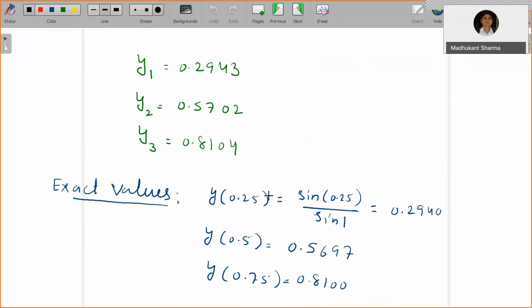You can compare with the exact values, which are also obtained using a calculator, and you can see that they are not very far from the exact solution. You can increase the number of partition points, or in other words reduce the size of h, to get more accuracy.